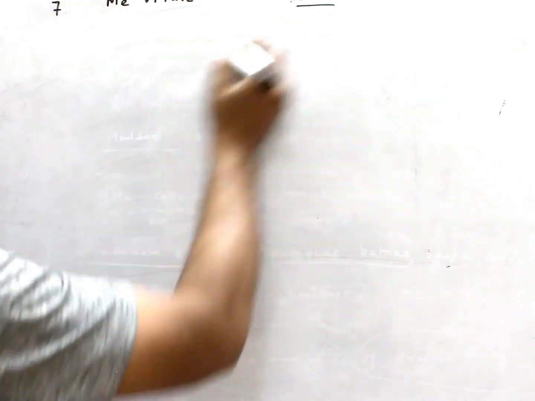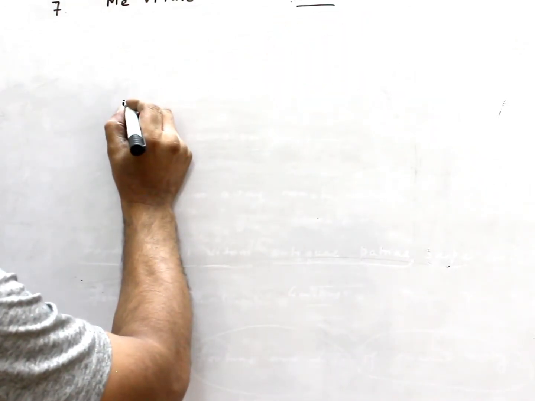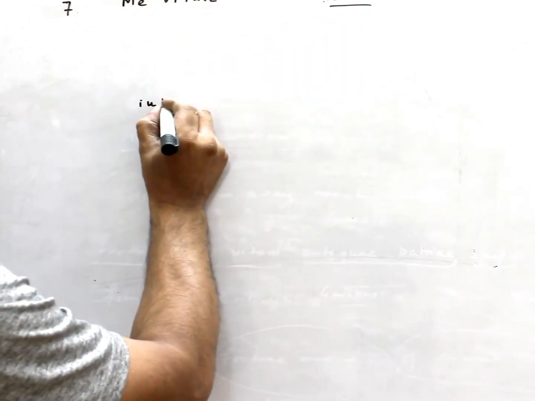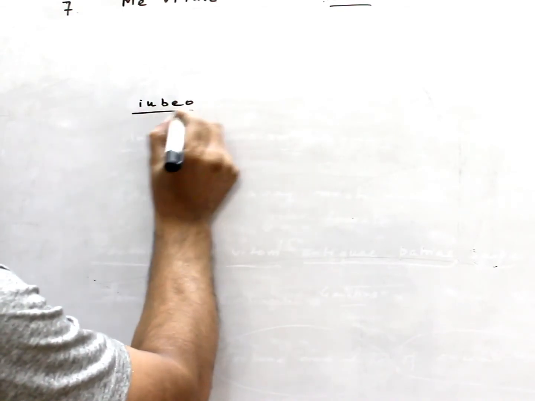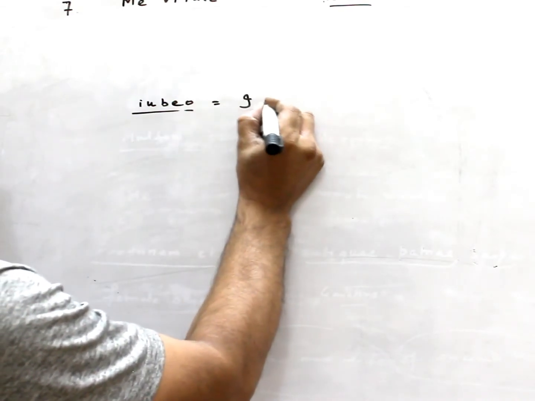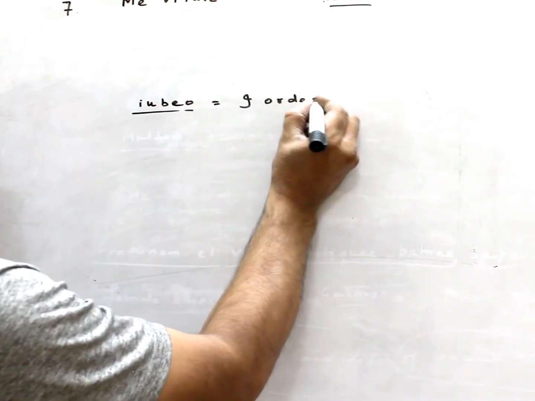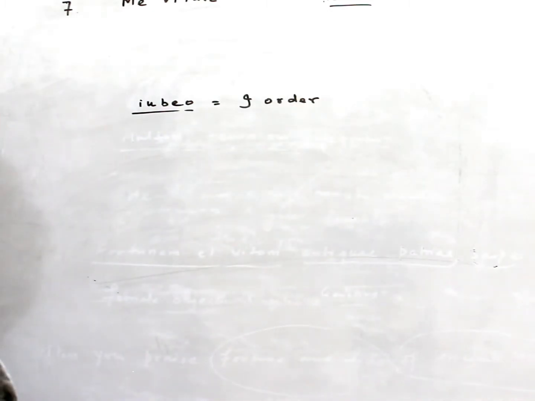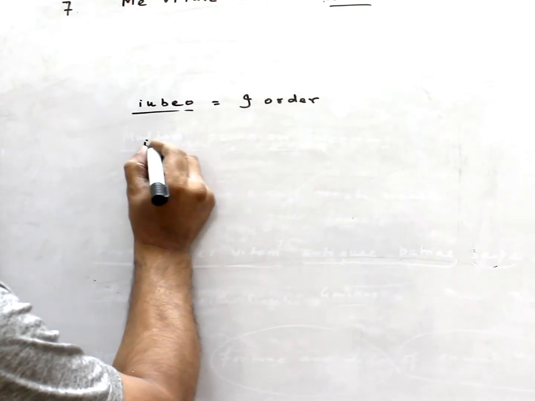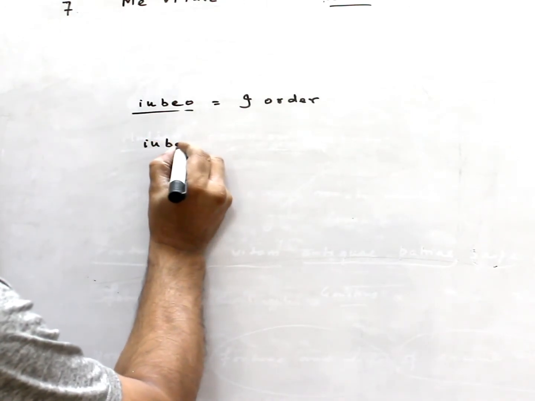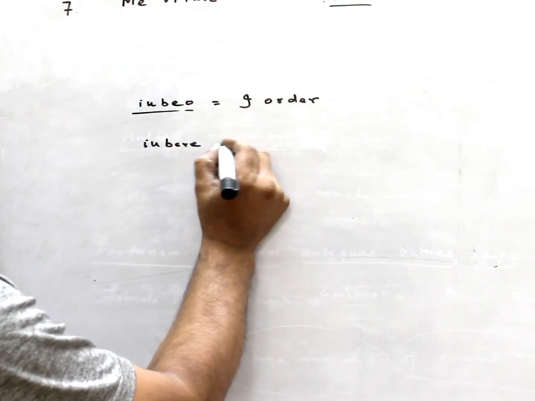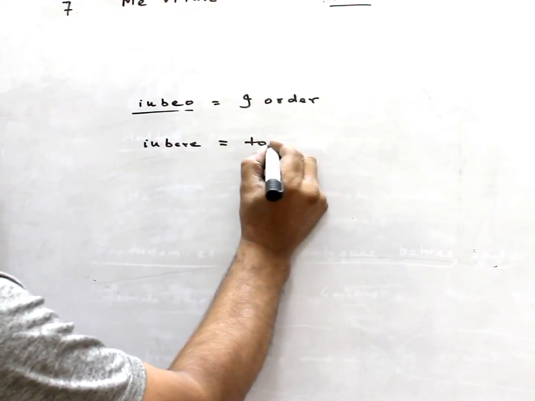So this means iubeo means I order. So iubere is to order.